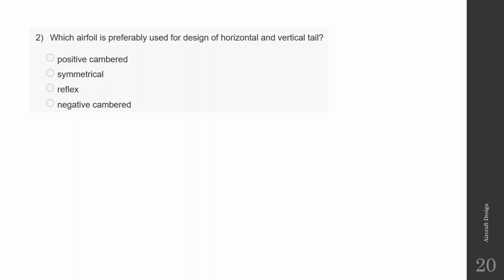You might try to solve it and write in the chat box.